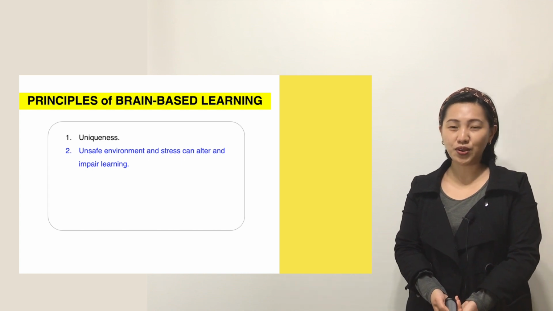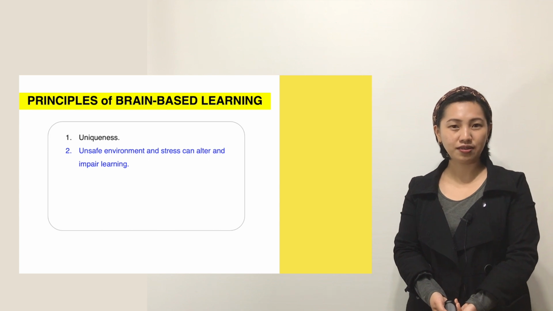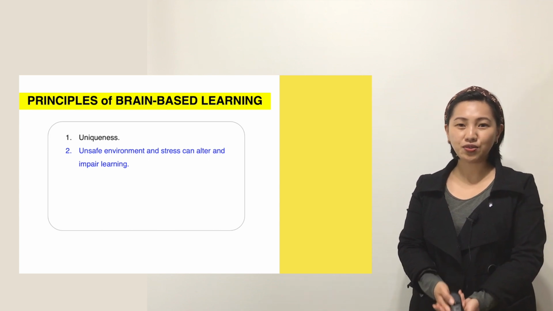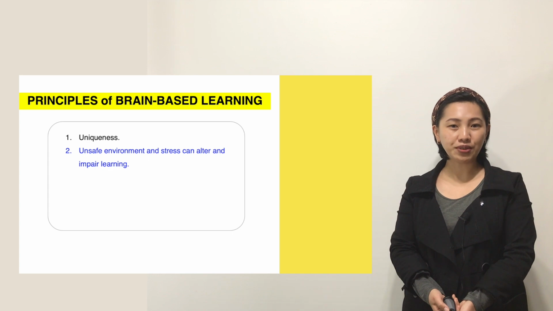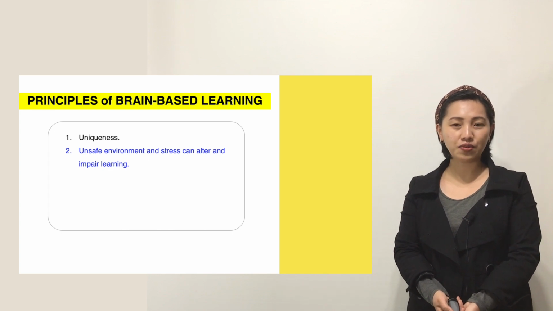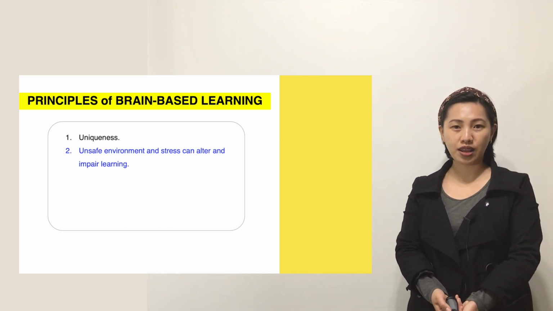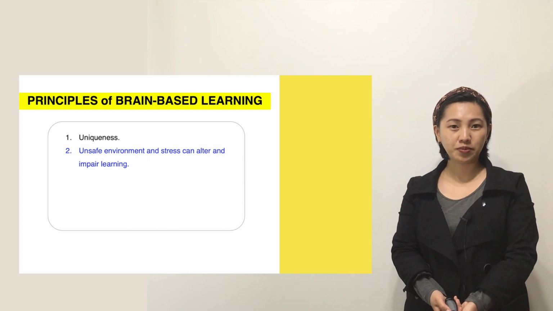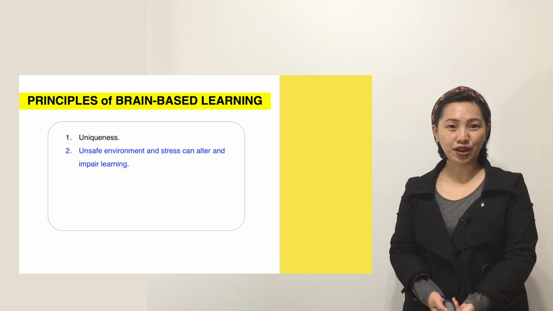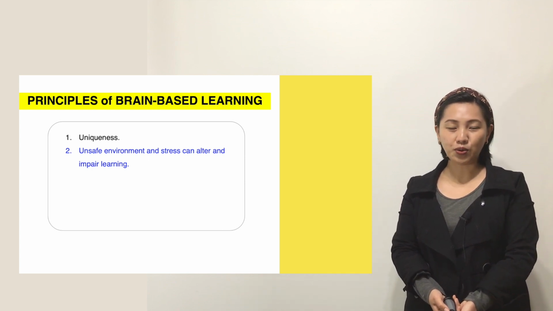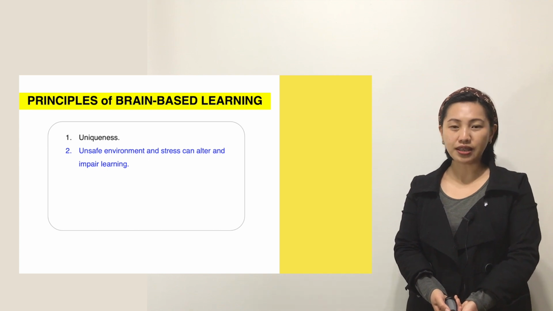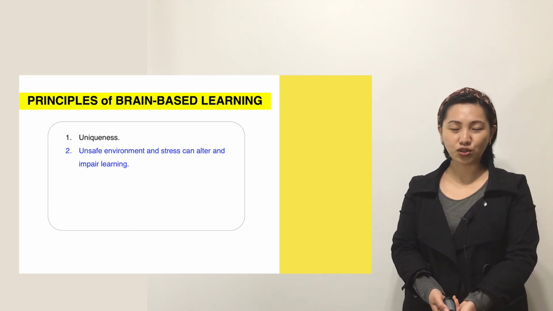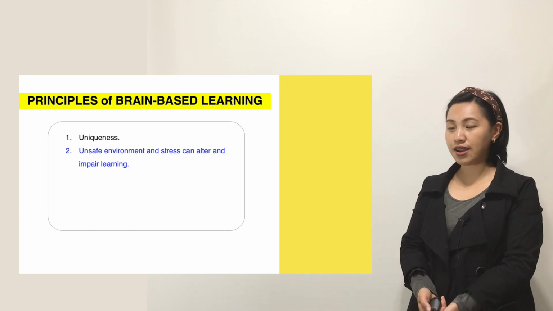Say, if you don't feel safe, you also cannot focus on what you're learning, right? For this reason, teachers are required to provide a favorable, conducive learning environment, not only inside the classroom, but outside the school and also in the society.